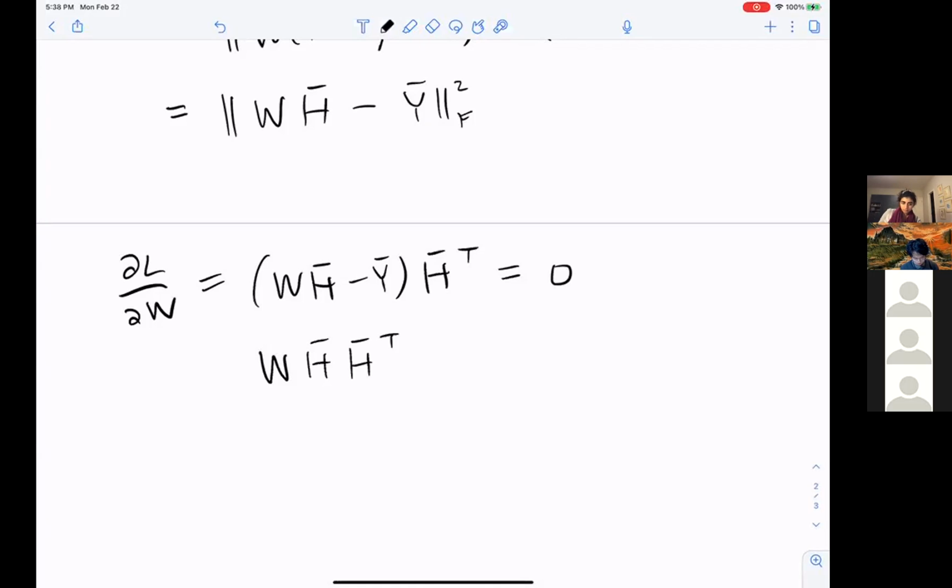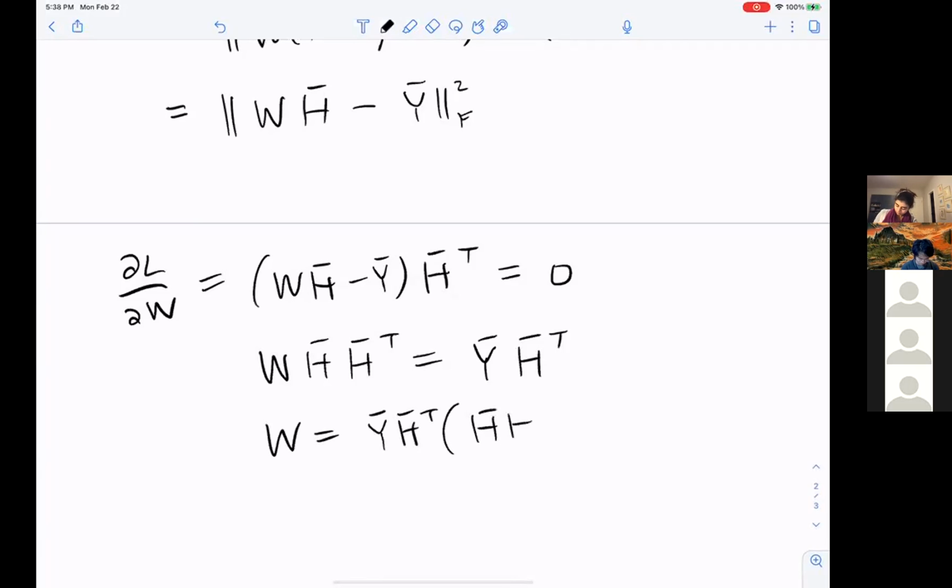So you get W H bar H bar transpose is equal to Y bar H bar transpose. And at this point, I'm just going to multiply on the right by the inverse of H bar H bar transpose, and I'm going to get W equals Y bar H bar transpose times H bar H bar transpose inverse.